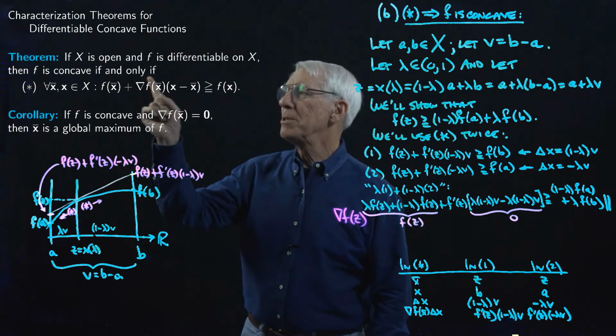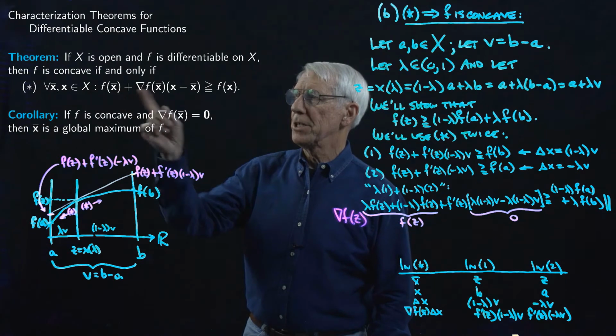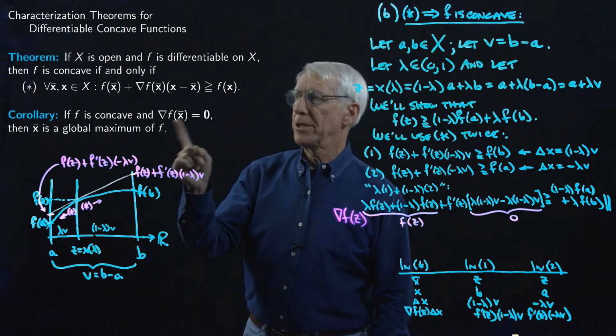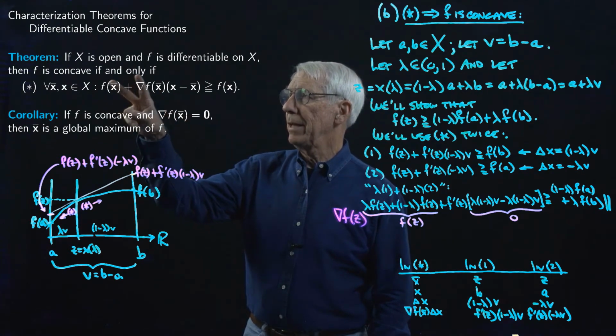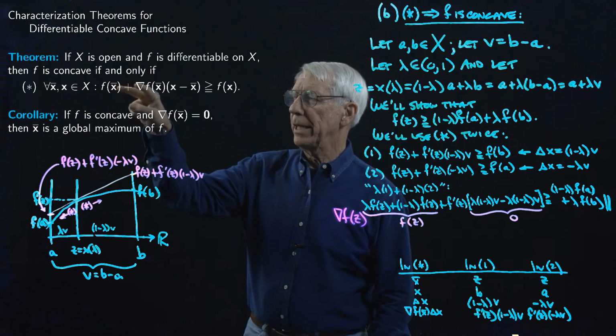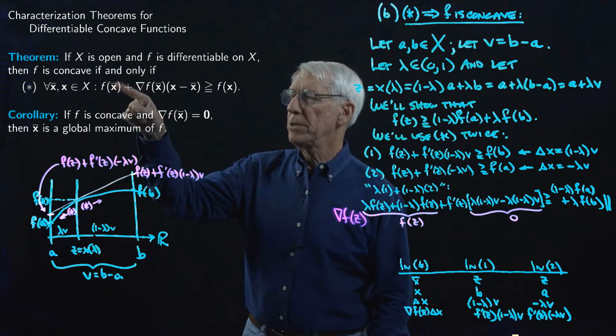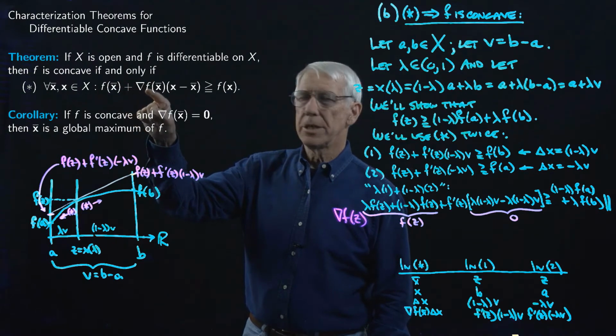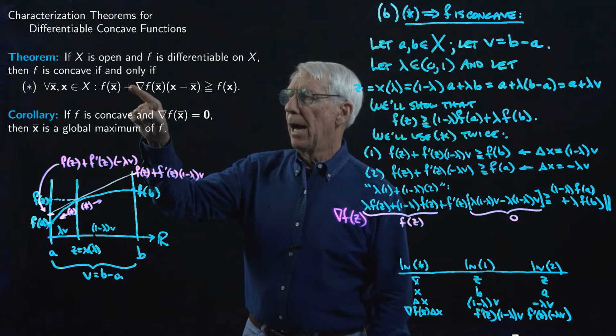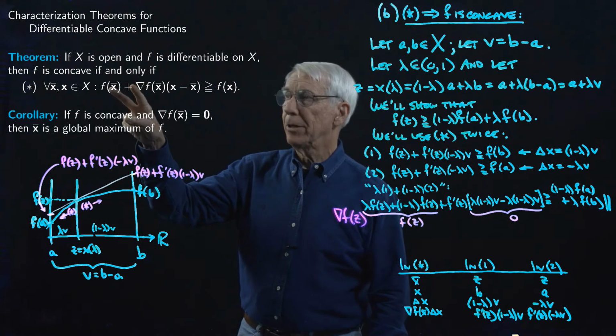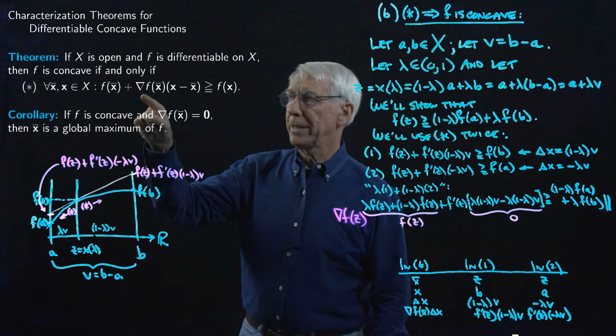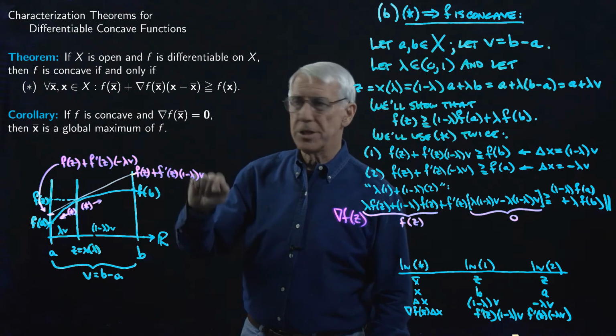And of course, that comes immediately from the theorem, because if the gradient at x bar is the 0 vector, then in the left-hand side of our inequality here, we have the two terms, f of x bar and then the gradient times delta x. And the second term, gradient times delta x, is all 0 if the gradient is 0.